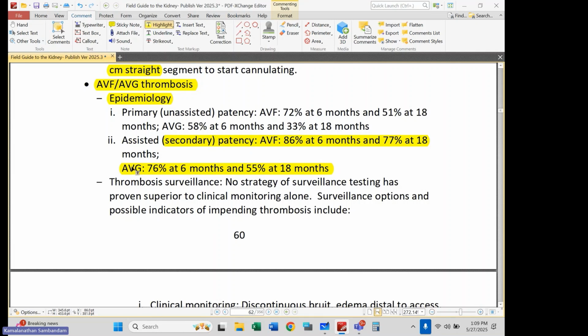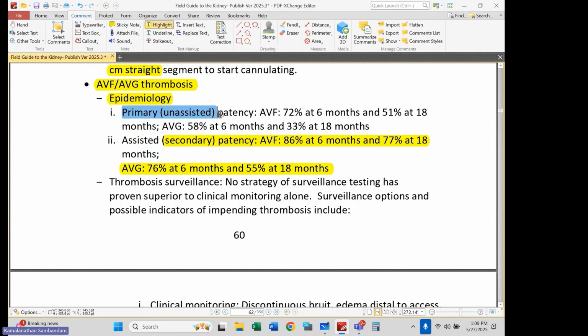Let me correct what I've said. Secondary patency, which I'm showing you here, is how common is it open at 6 months, but I had to do an intervention, right? You can usually get 3/4 of grafts to last to 6 months as long as you're intervening on them. But you can see at 18 months, half of grafts, despite attempts to keep them open, are gone. Okay, that's what this really refers to.